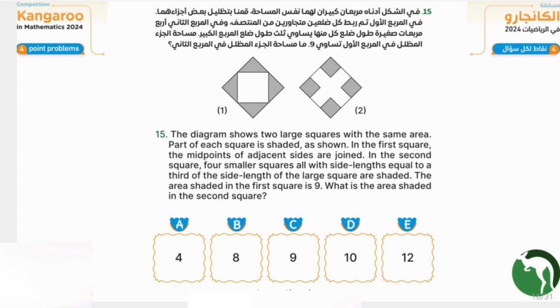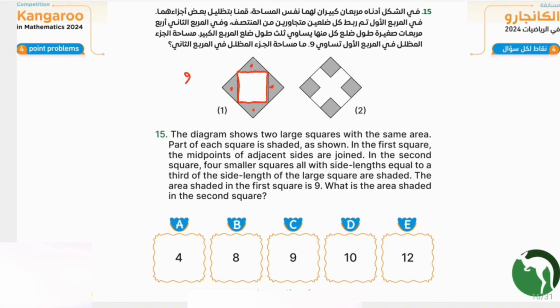Okay, what is given in this question is that this shaded area here is 9. And we know that this small square here is constructed by connecting the midpoints of adjacent sides. So the area of this one will be equal to half of the area of the big one.